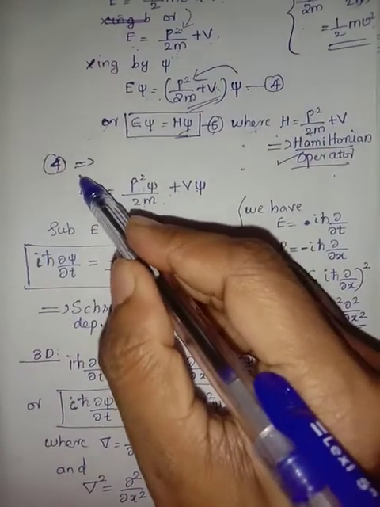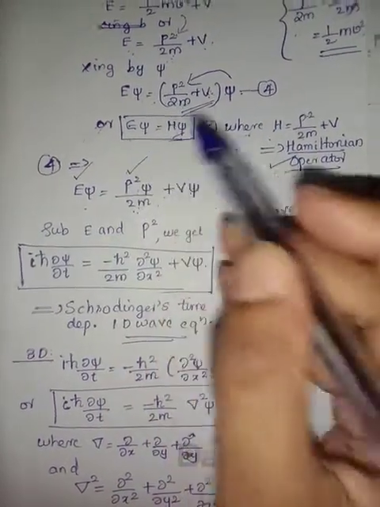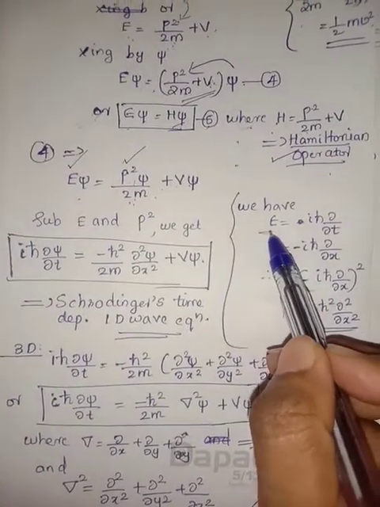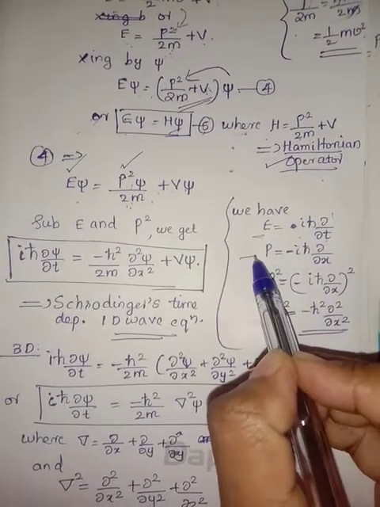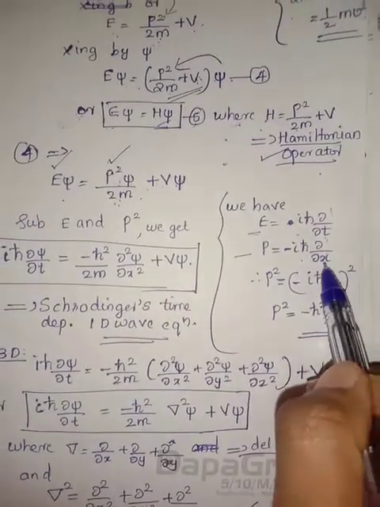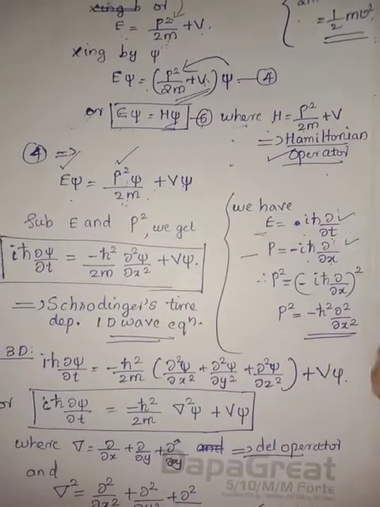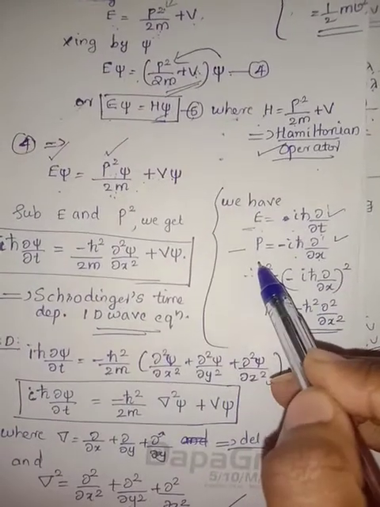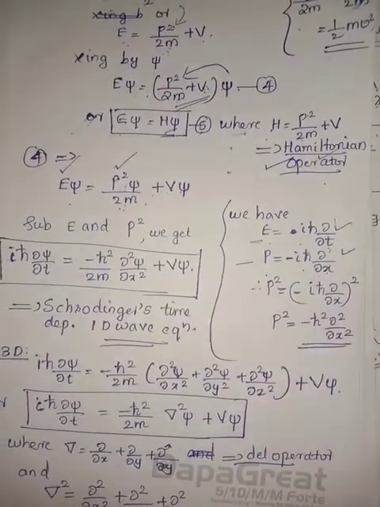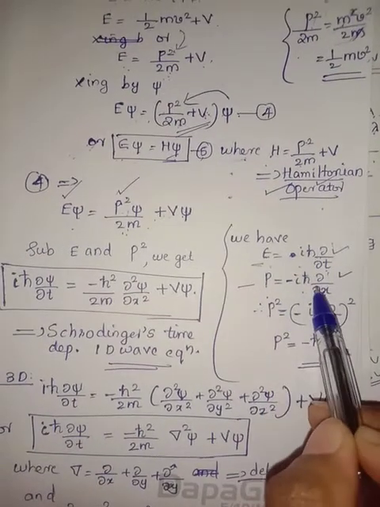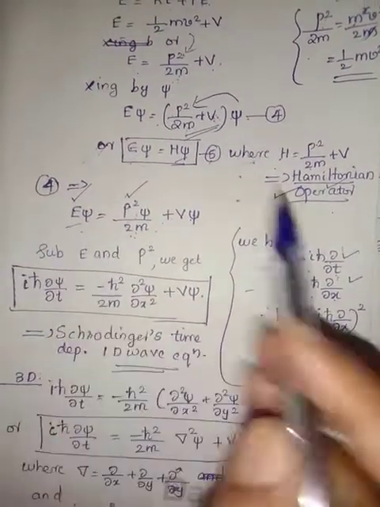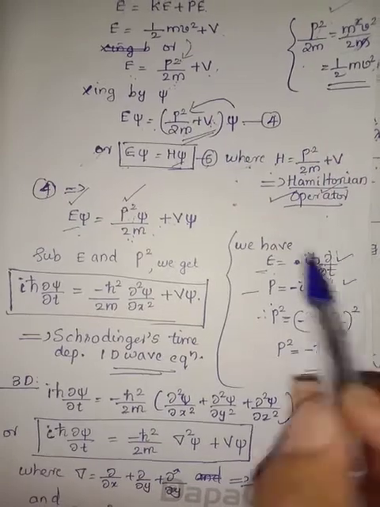Now we are going to substitute for E and P square. We already have the energy operator E equal to i h cross dou by dou t, and the momentum operator P equal to minus i h cross dou by dou x. These two equations, the energy operator and the momentum operator, are very important. So instead of E, we are going to substitute i h cross dou by dou t.